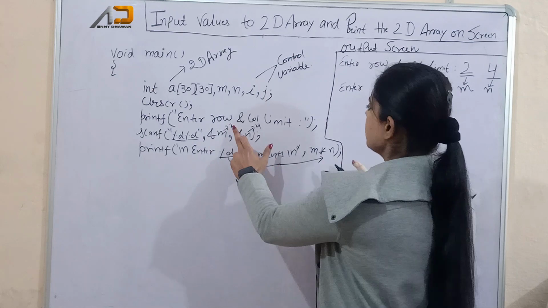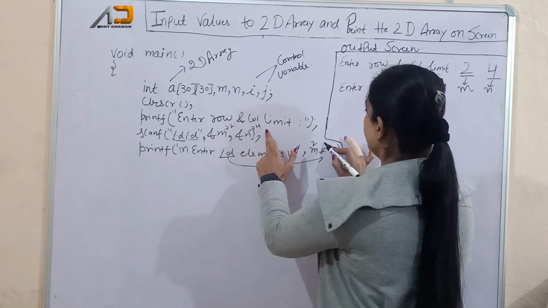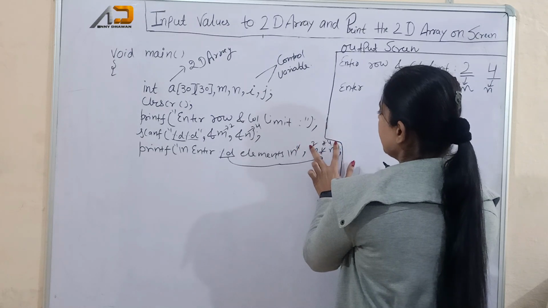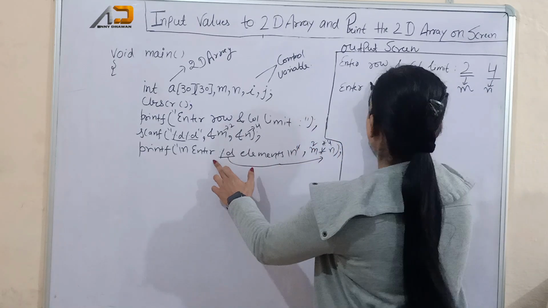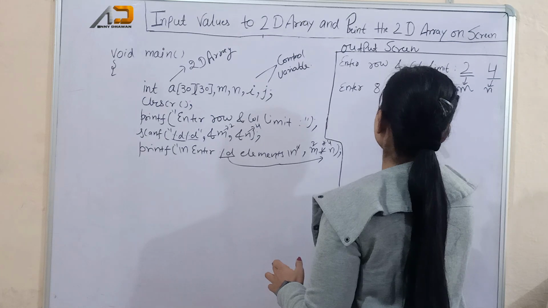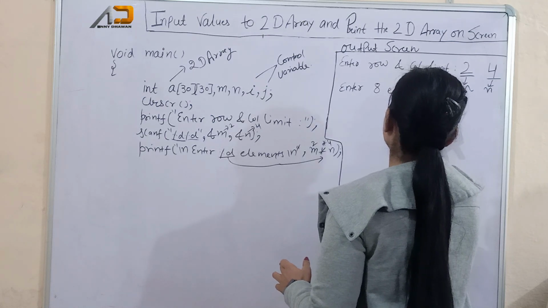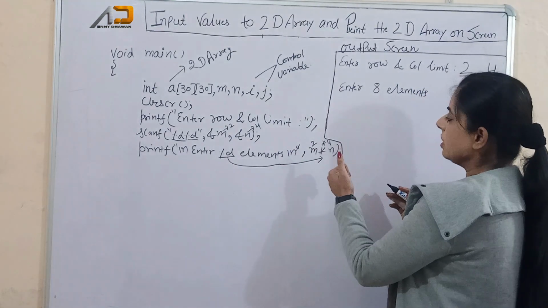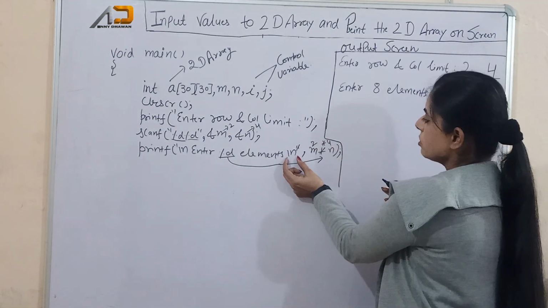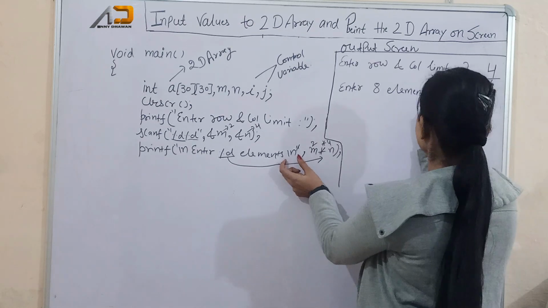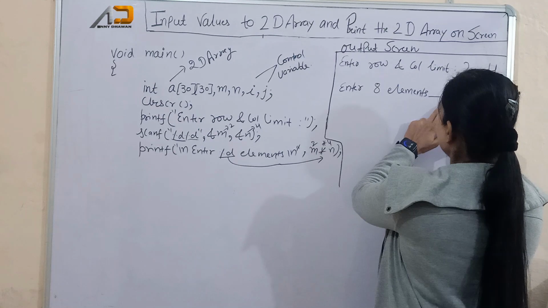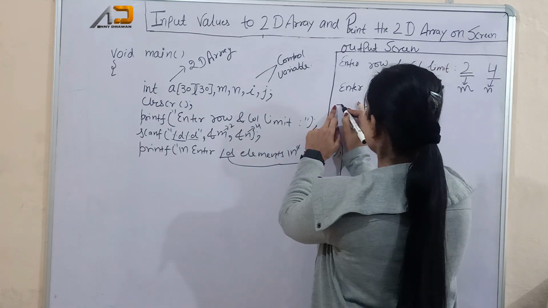The value of m here is 2, and the value of n here is 4, and its value would be 8. So it will print enter 8 elements, and then the cursor will be moved to the beginning of the next line because of this backslash n escape sequence.